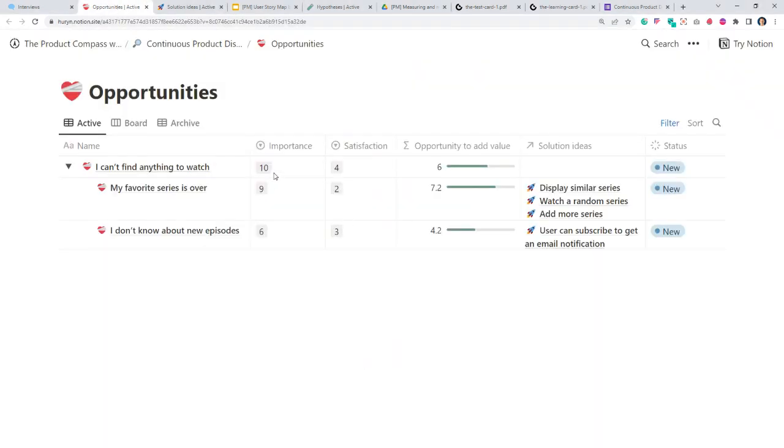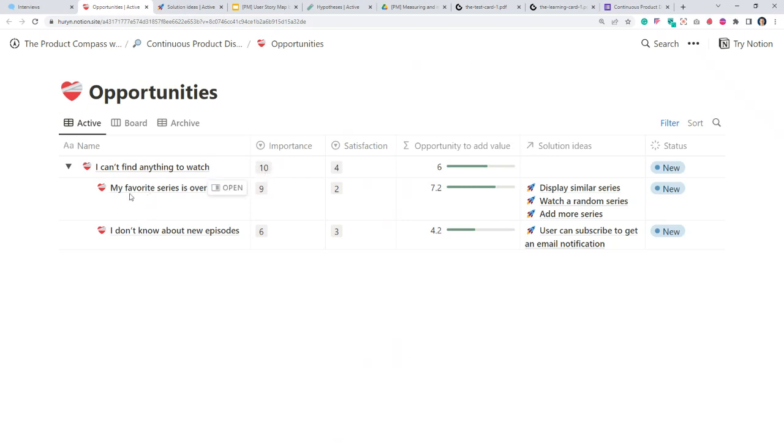And what I did here is I normalized these points to 10. Dan Olsen does it from 0 to 1. So the importance is from 0 to 1, and the satisfaction is from 0 to 1, and the opportunity to add value, which is a multiplication, is from 0 to 1. I normalized everything to whole numbers, so it's easier to represent, but the idea is the same.